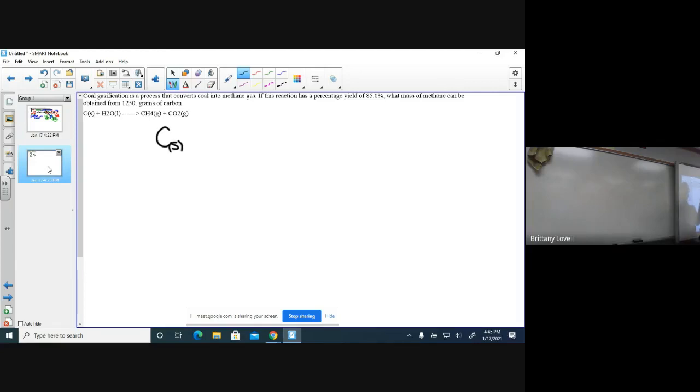So I have solid carbon, and it reacts with liquid water to yield methane gas and carbon dioxide gas. Okay, coal gasification is what you're dealing with.